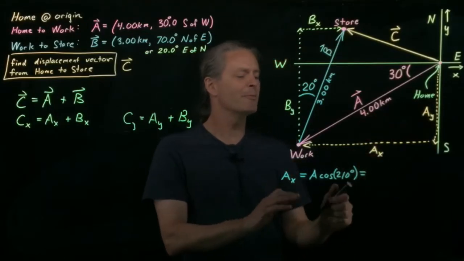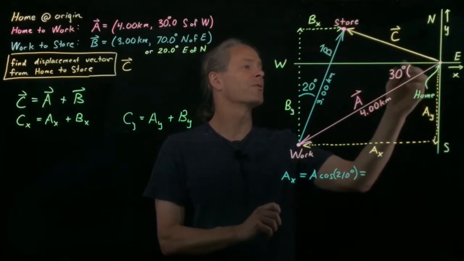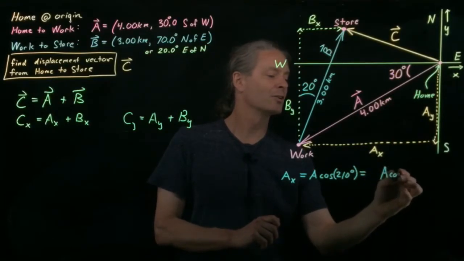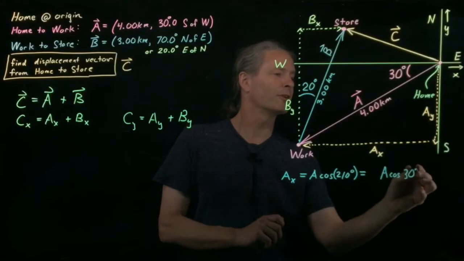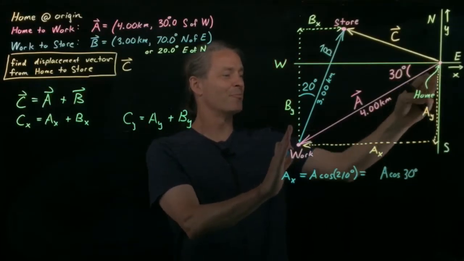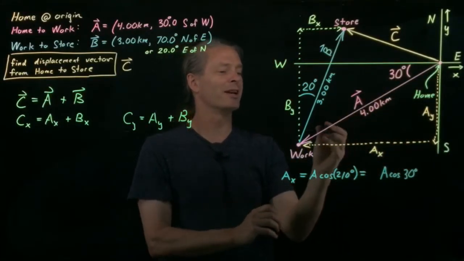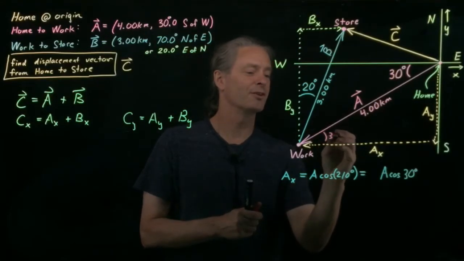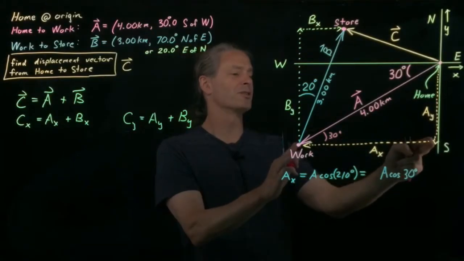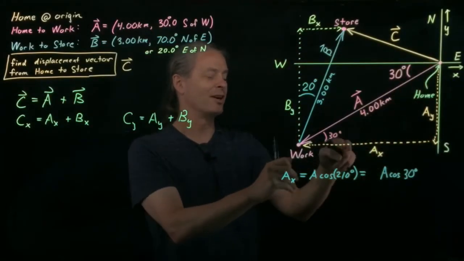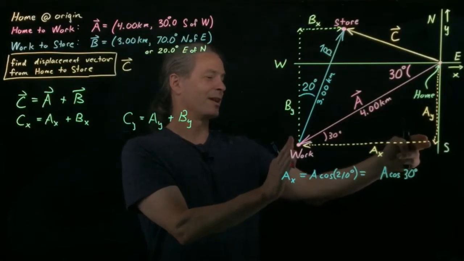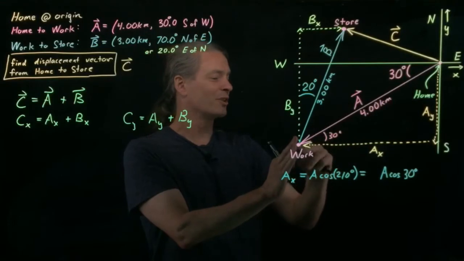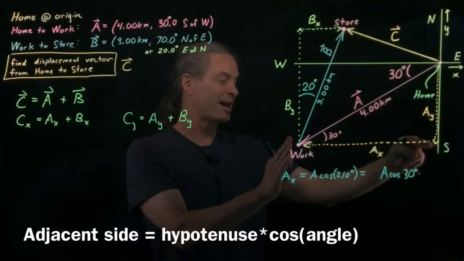Or I could say, well, let me just work with the amount. I'll just work with this 30-degree angle here. I'd have A cosine 30 degrees. That would give me the amount of this. And really this 30-degree angle, I can rewrite it down here as a 30-degree angle there. Or I could imagine this being up here, but let me just look at this triangle here. The amount of this thing will be hypotenuse times the cosine of 30 degrees will give me the amount of this overall as an absolute value.